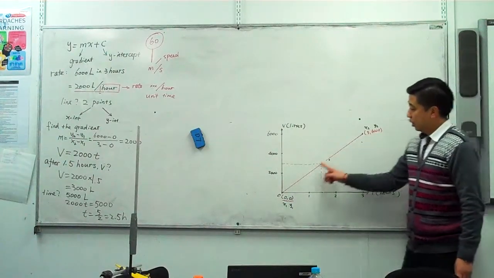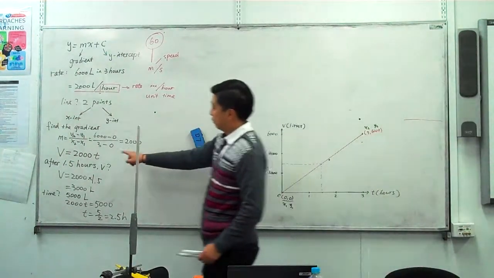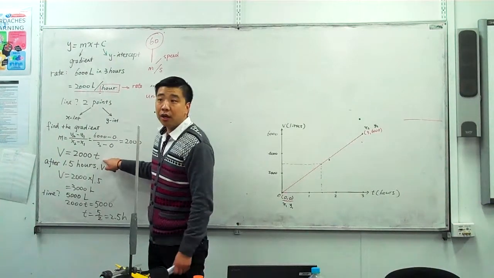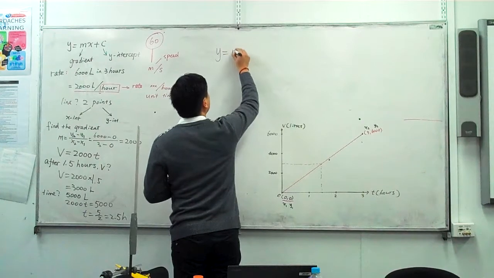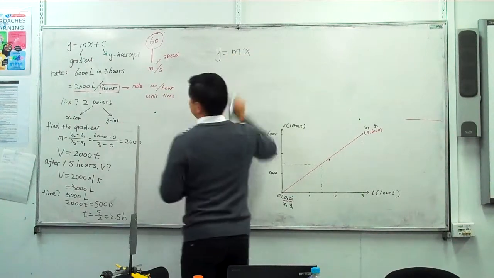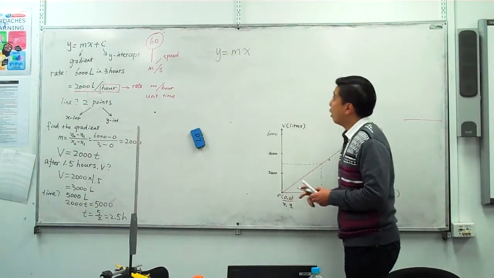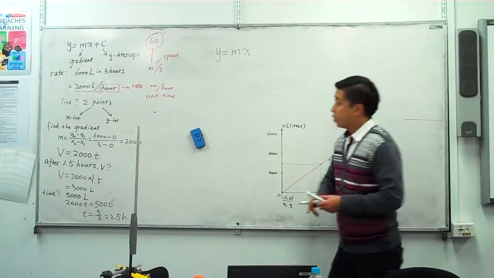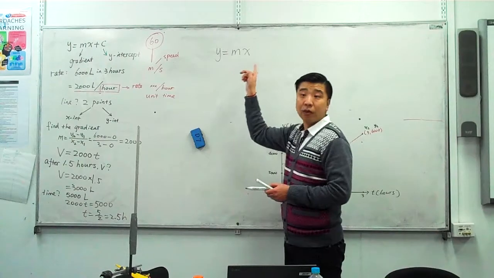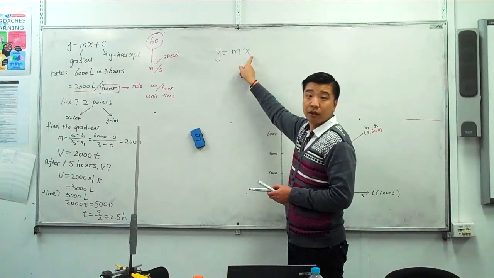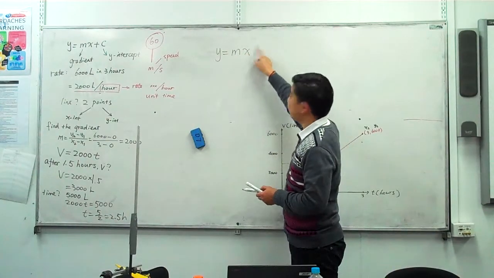Now, if we have relations like y equals mx, I want you to write that down. Okay, y equals mx. So for these relations, do we have an x-intercept or y-intercept? There's nothing after that.